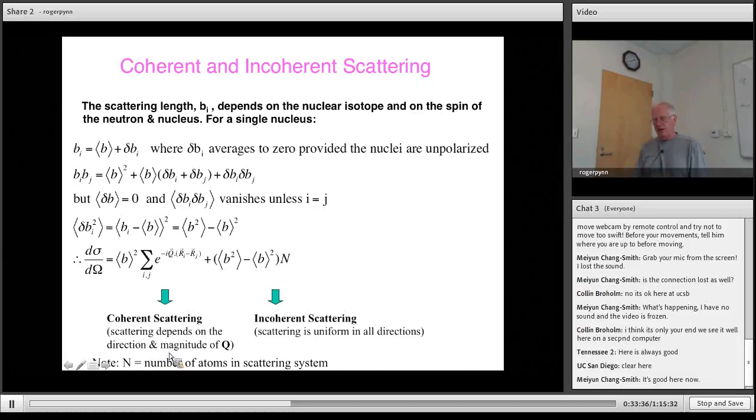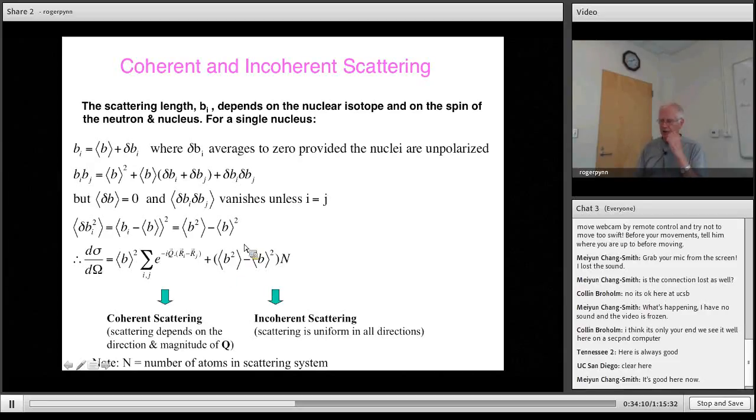The incoherent scattering can arise from two different sources. As I said right at the top of this view graph, it can arise because you have different nuclear isotopes. So if you have different isotopes of an element, let's say nickel or iron in a sample, then the different isotopes will scatter differently, and so they'll have different values of B, and you'll have an incoherent scattering that results from that.